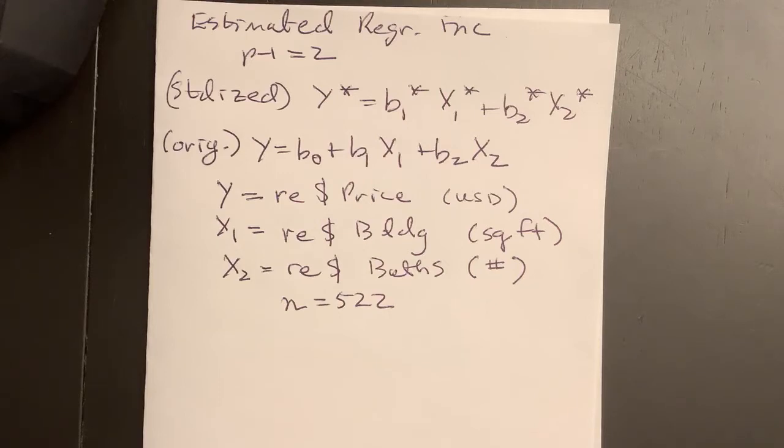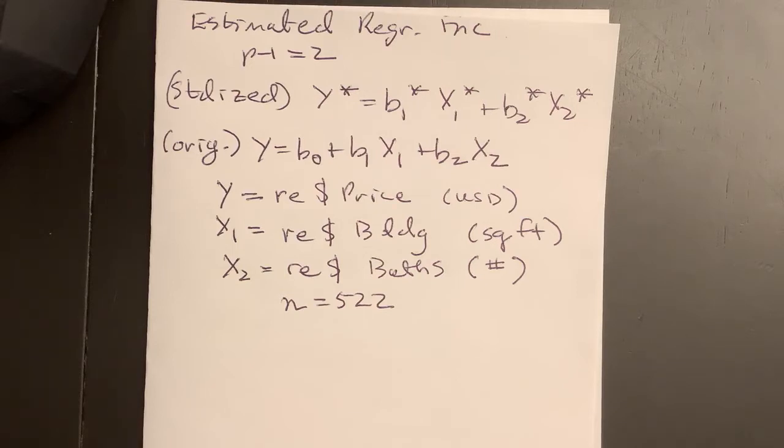So we'll go through these basic ideas with an example from real estate, as you see in the notes here. Suppose we have an estimated regression model with two predictor variables. The response is y, and the predictors are x1, x2, and they're given down here. This refers to the real estate data set from Moodle.